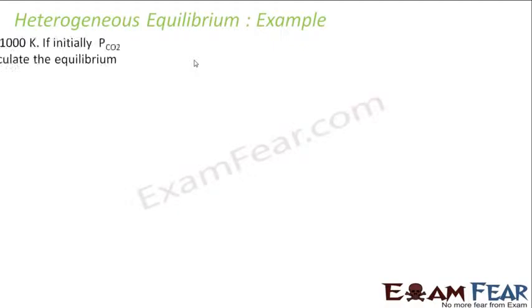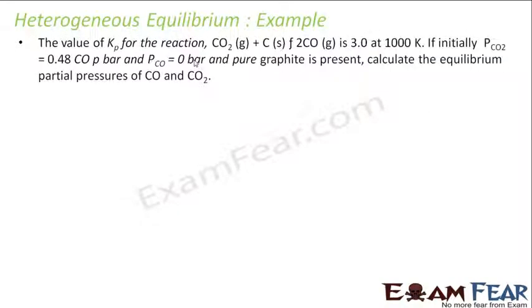We'll take an example of heterogeneous equilibrium. The value of Kp for this reaction, carbon dioxide gas plus carbon solid gives carbon monoxide gas. This is gas, this is solid, this is gas. So there are two different phases here, solid and gas, so it's a heterogeneous equilibrium. For this equilibrium, the Kp value is 3 at 1000 Kelvin.